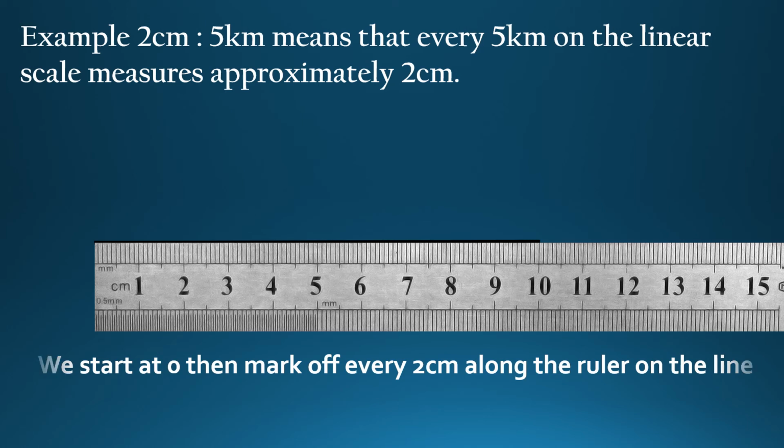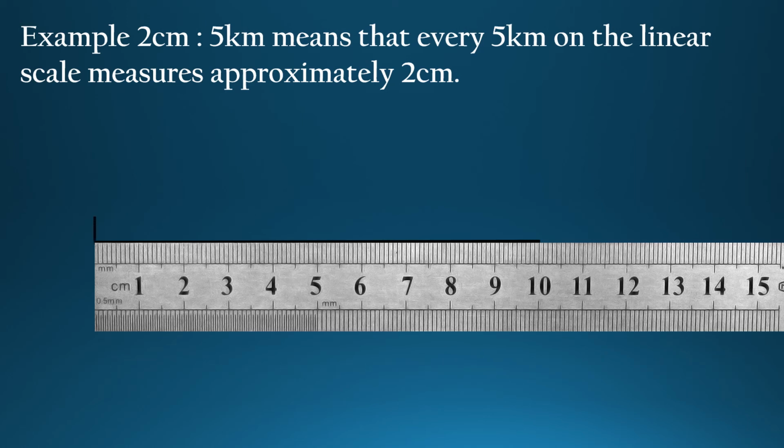So we first of all start at the 0 here, then we mark off every 2 centimeters. So we say 2, 4, 6, 8, 10. We're stopping at 10. If you want to go to 12 or if you want to go to 14, it's up to you. As I say, you can make it as long as you wish.